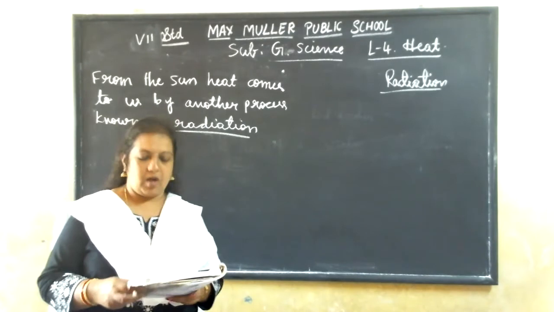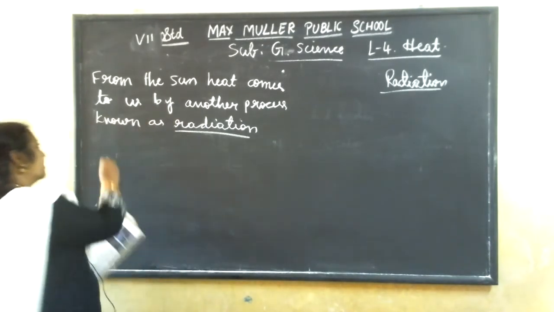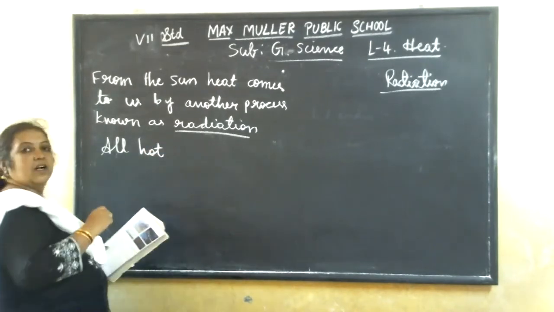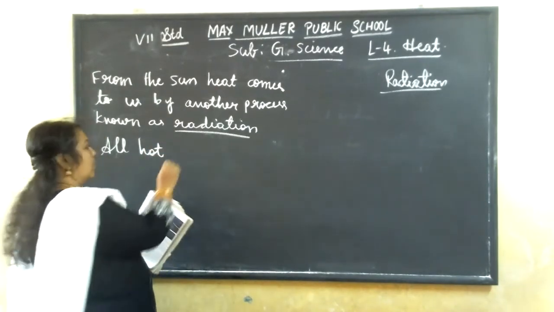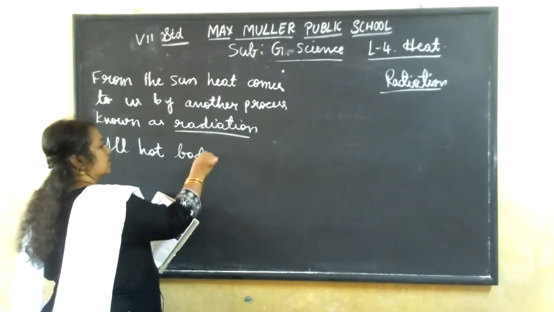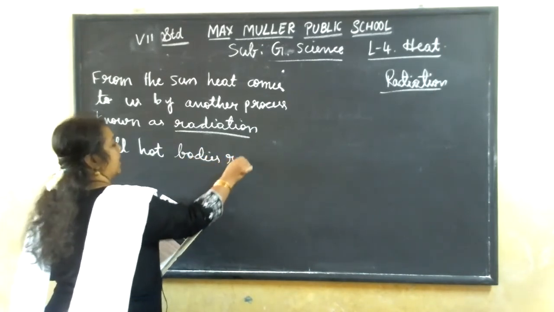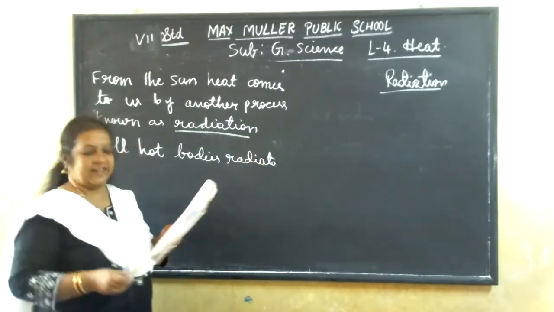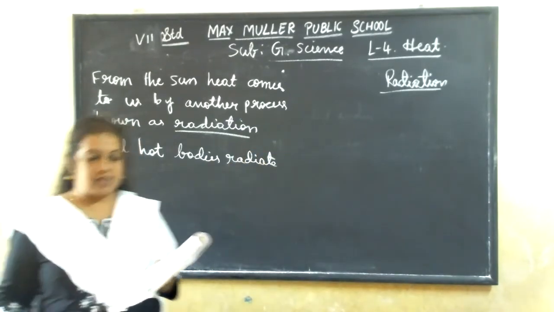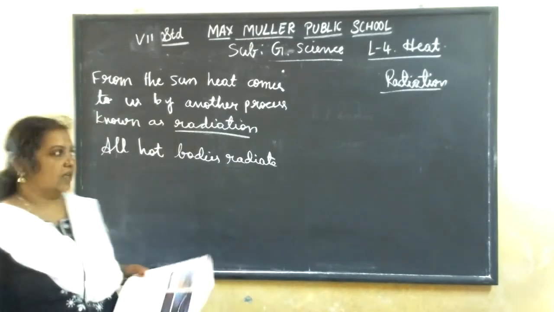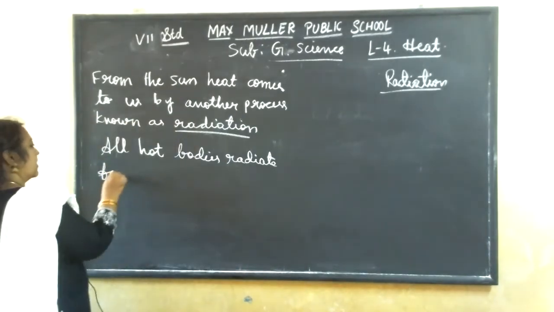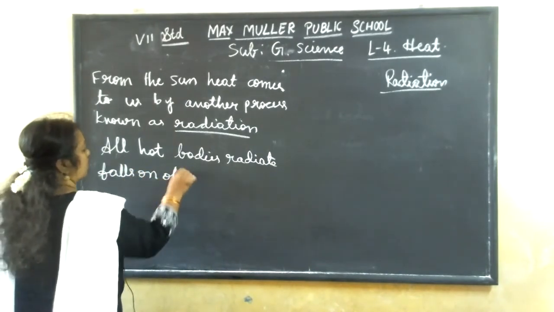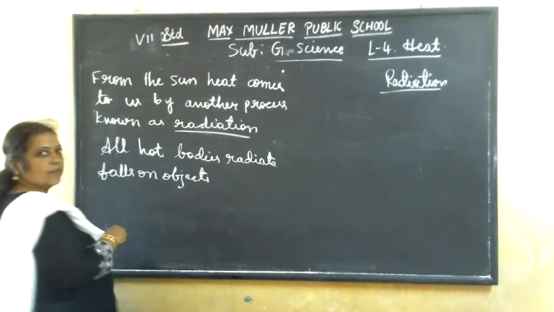Understand? That is what we will call the radiation process. Okay. So all hot bodies radiate. See, all hot bodies, whether it is a room heater or the sun, all hot bodies radiate. Radiate means they will transfer the heat. Okay, when this heat falls on some object, what happens?